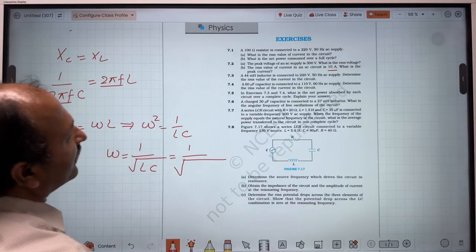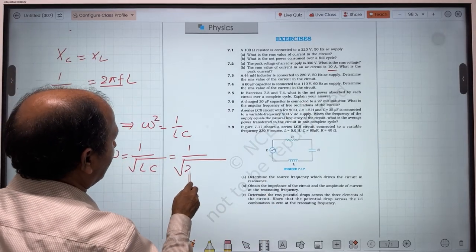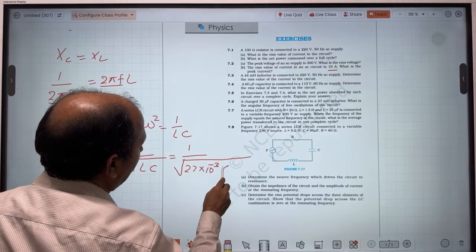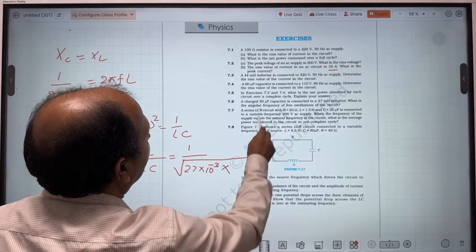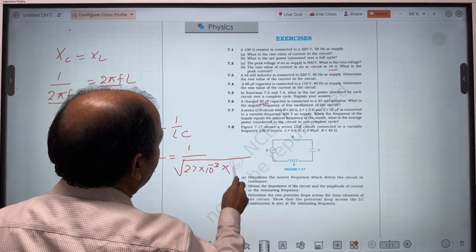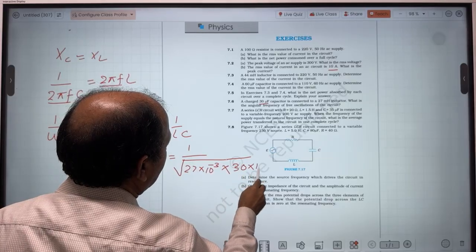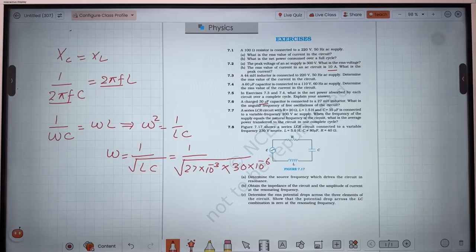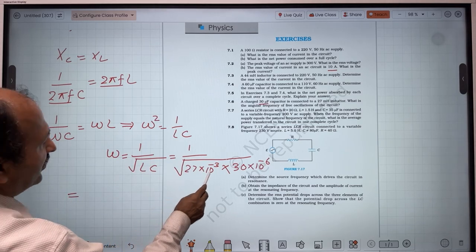What is L here? It is 27 into 10 to the power minus 3, multiplied by C, which is 30 into 10 to the power minus 6. Right? So what will it become? Let's simplify further.